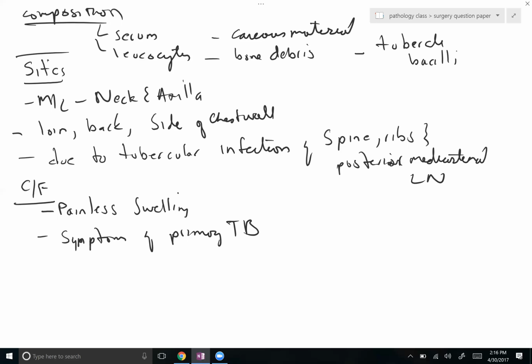Mostly it is painless swelling, and it is due to tuberculosis, so there can be symptoms of primary TB.